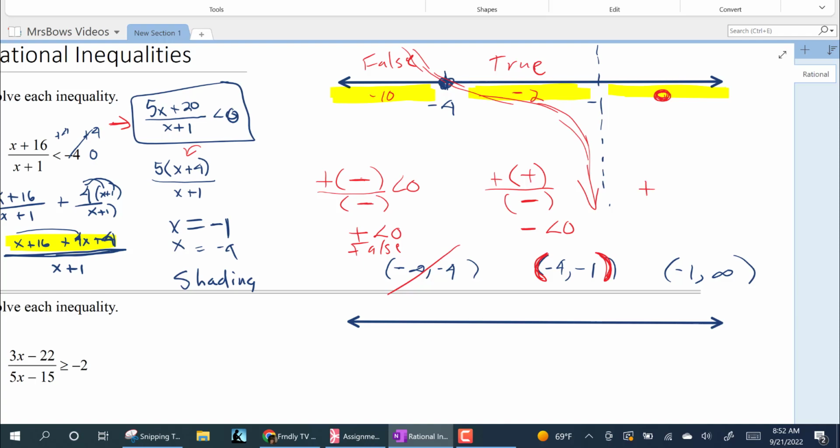There's a positive number on the outside of parentheses. 0 plus 4 is positive. 0 plus 1 is positive. Is a positive number less than 0? False. So in this case, your answer would be negative 4, negative 1. All right? I'll do another one where it's a little bit different.